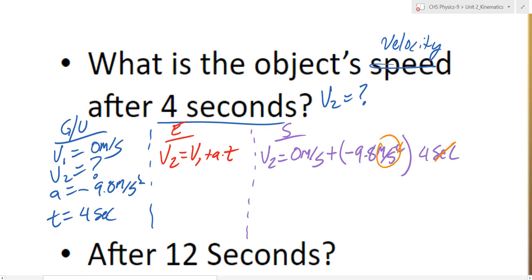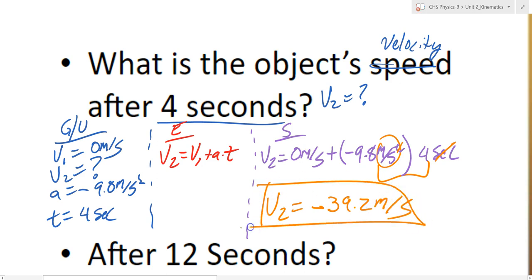To solve, I just have to multiply these two together, and I'm left with v2 equals a negative, because we have 0 plus a negative, so the 0 goes away but the negative stays, and I've got my 39.2 meters per second.